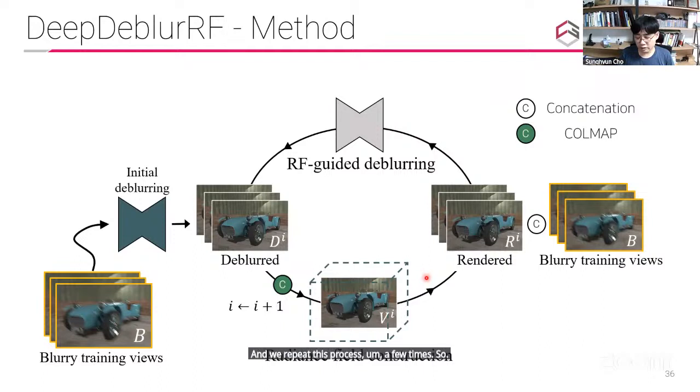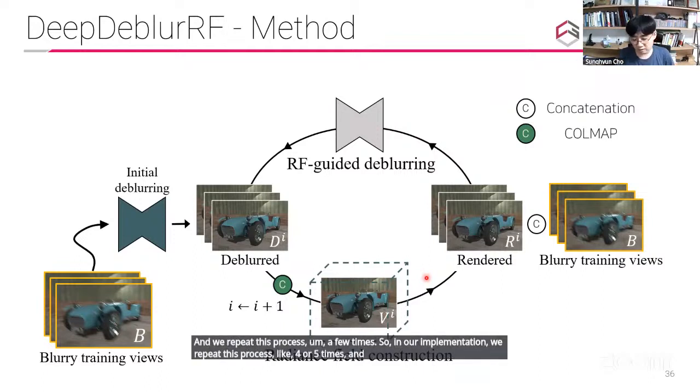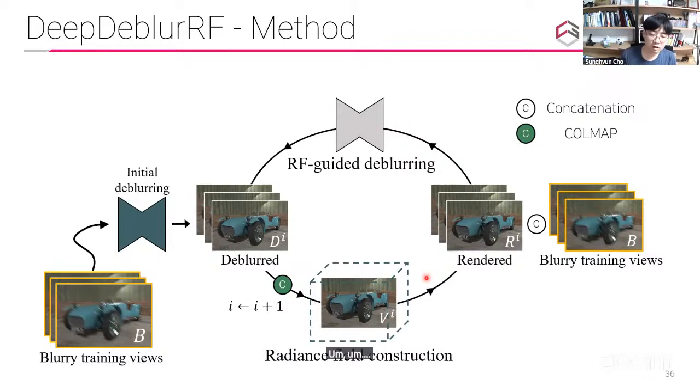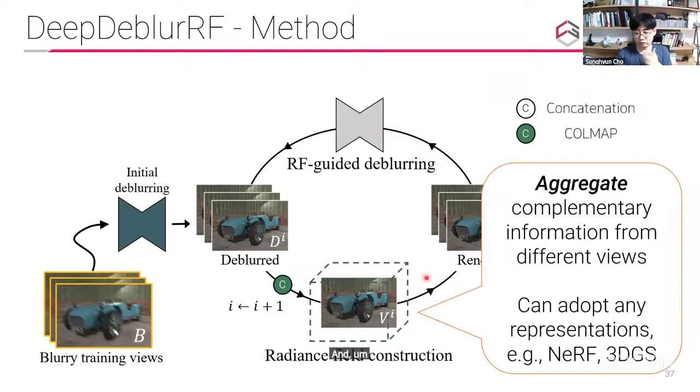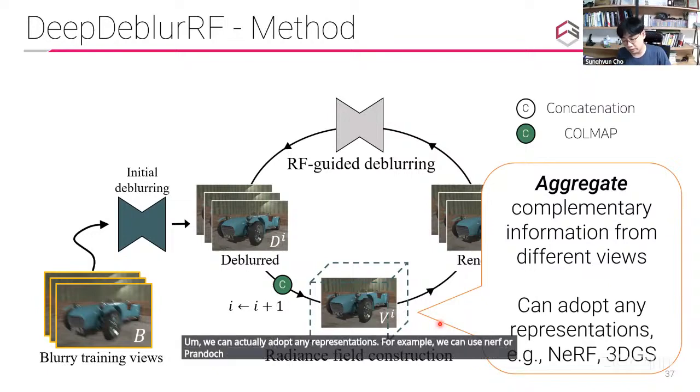In our implementation, we repeat this process 4 or 5 times, and we found that 4 or 5 iterations are enough. Also, for the radiance field reconstruction step, we can adopt any representation. For example, we can use NeRF, Plenoxels, or 3D Gaussian splatting.